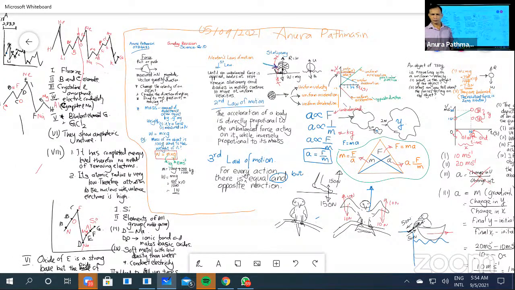Yes, sir. Do you want me to increase its size? No, sir. Next one, take your screenshots.